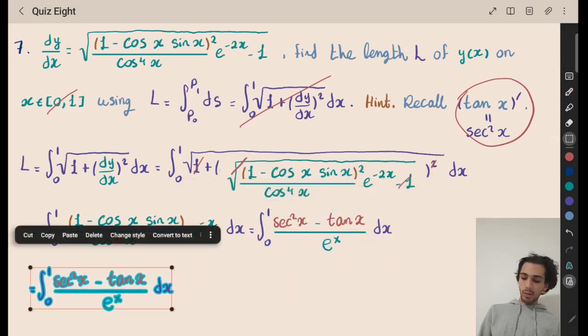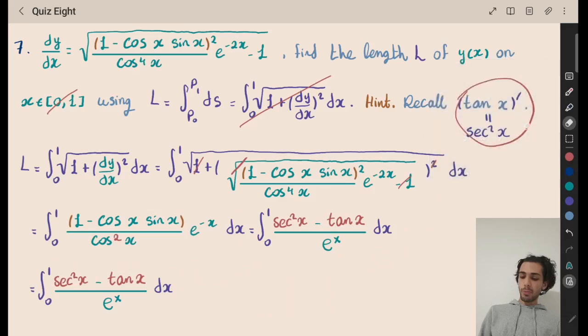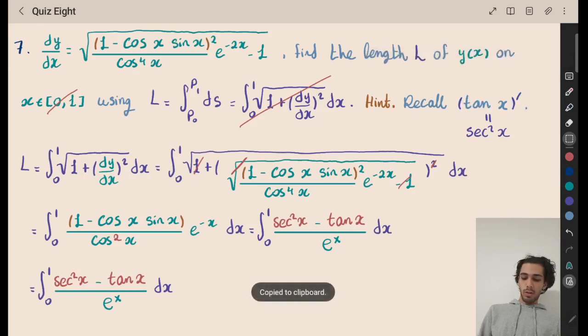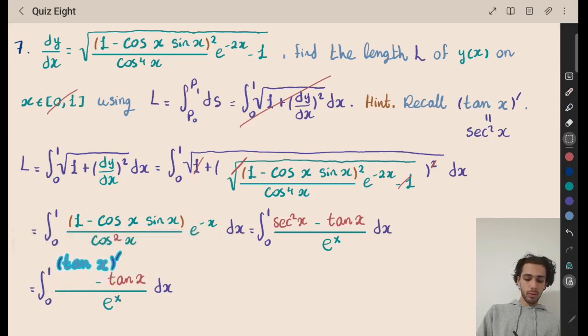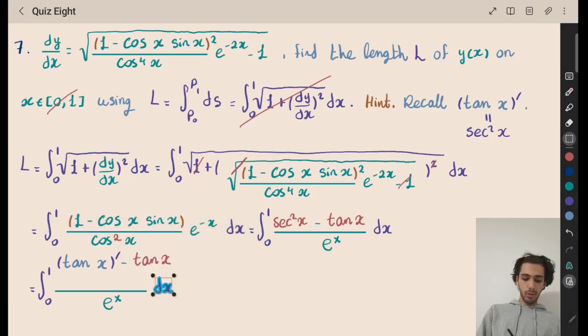So to utilize this hint, here's what I would like to do. I would like to take the derivative that is right in front of me here, and I would replace it with the expression for sec squared. So that is just a simple substitution. Nothing too tedious, if you think about it.